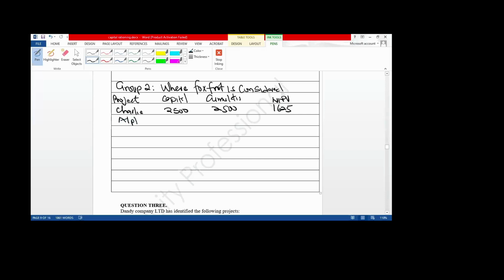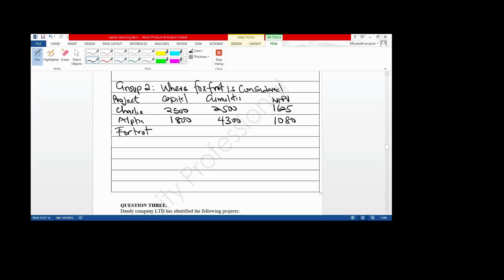We move to Alpha, capital amount 18, cumulative 43, return NPV. Then number 3, based on ranking, first row.